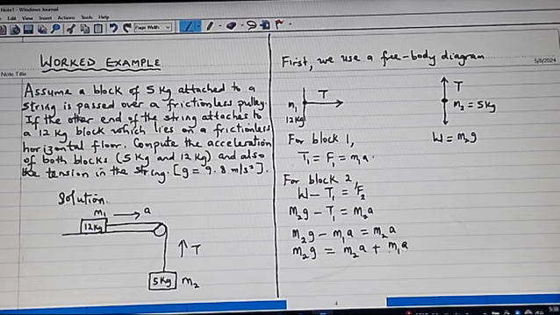Of course, our A here is common to both quantities, so we factor it out. So we can say M2G is equal to A into M1 plus M2.